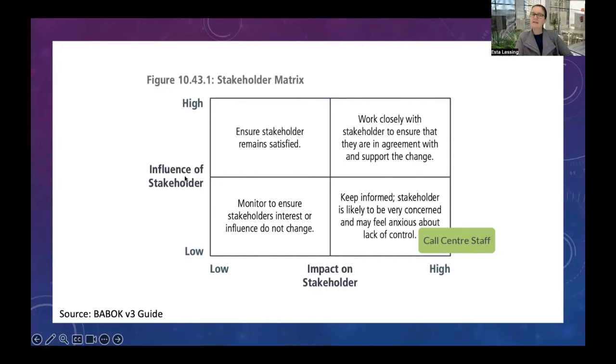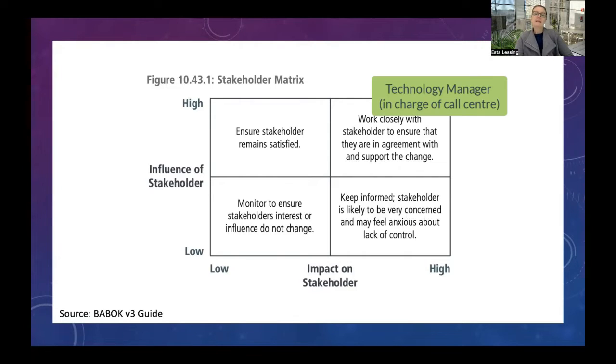They don't have that much influence about the change as such, so that's why they will not be sitting in this particular quadrant. So you'll keep them informed. They will be very concerned about their roles or how things might change for them. So it's important that you look after them as a group and make sure that you keep them close in terms of the changes that are coming up.